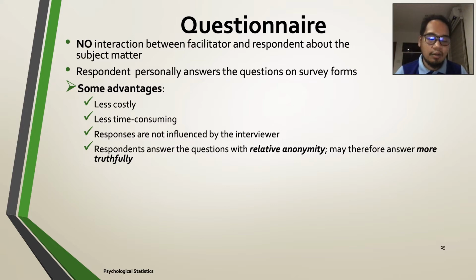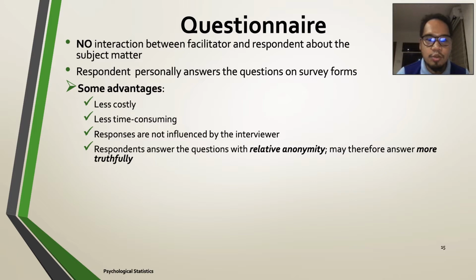Time saving is what it can offer. Respondents are not influenced by the interviewer because there's no interaction between you, and respondents may answer the questions honestly or truthfully because they believe that they are anonymous, or there is a relative anonymity.